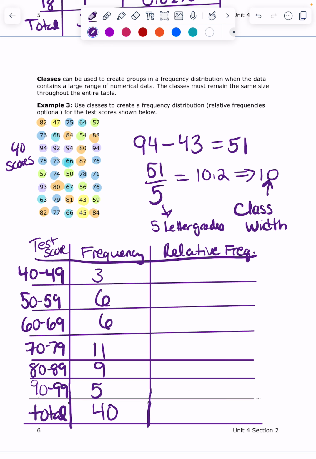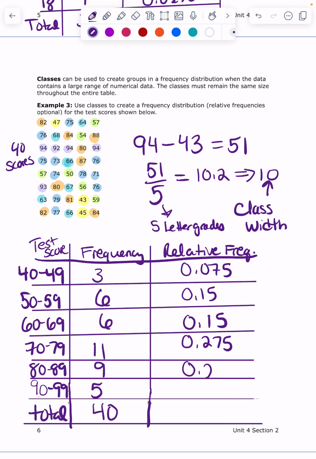Yes, it does work. And then for relative frequency, I'm going to divide 3 by 40, and that's 0.075. 6 divided by 40, 0.15, and we have that twice. 11 divided by 40, 0.275.